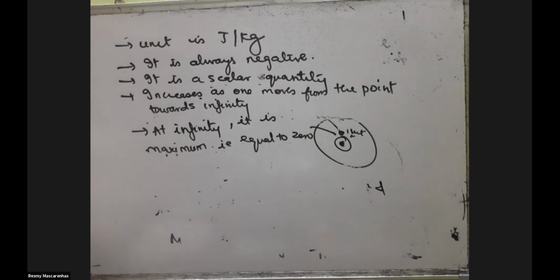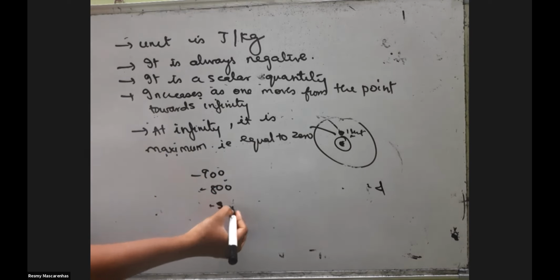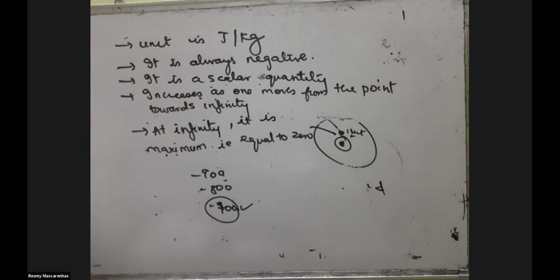It goes in reverse actually. If it was minus 1000, then it would become minus 900, minus 800, minus 600, and then it would go to 0. Although the numbers are decreasing, you know that minus 700 is bigger than minus 900.